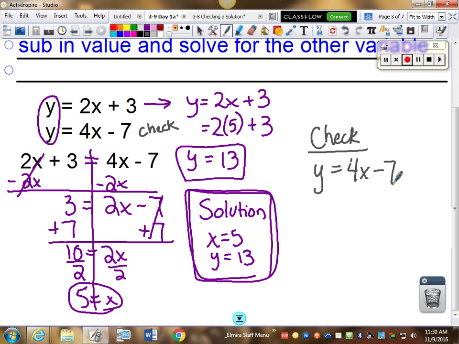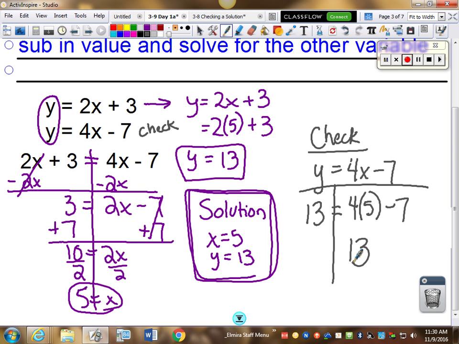I'm going to take the y value I got, so 13, and the x value I got, 5, bring down the minus 7, and do exactly what I did yesterday, that whole t-chart thing. On the left-hand side, there's just a 13, so nothing to do. 4 times 5 is 20. 20 take away 7 is 13. Okay, and they match.